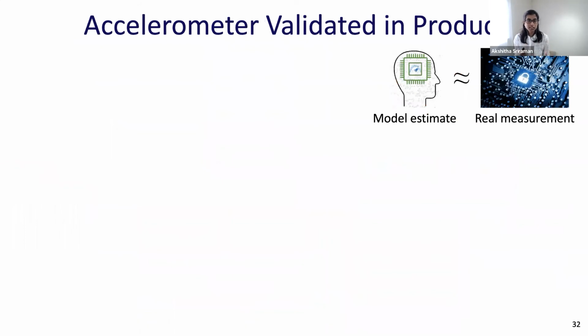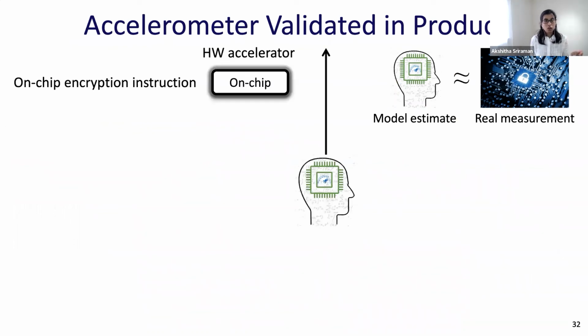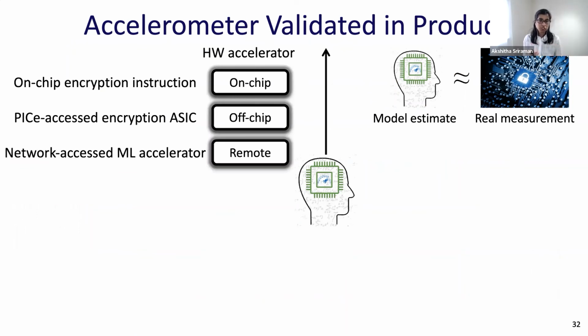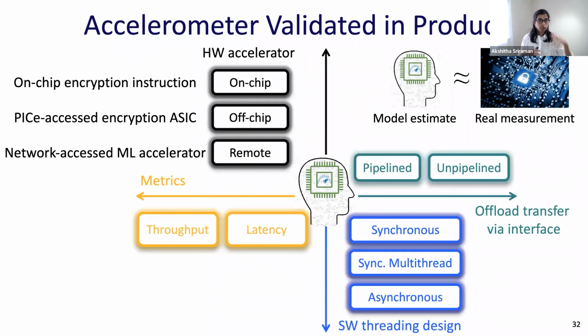So we validated Accelerometer in production retrospectively by comparing the model's estimated performance with the performance that was achieved by accelerators that we had already deployed in production. So we validated against an on-chip encryption instruction, an off-chip encryption ASIC, and a remote machine learning accelerator. And we modeled each of these different dimensions.